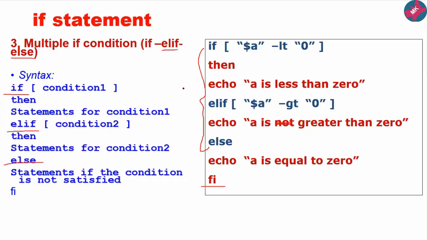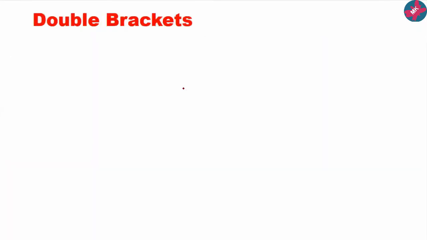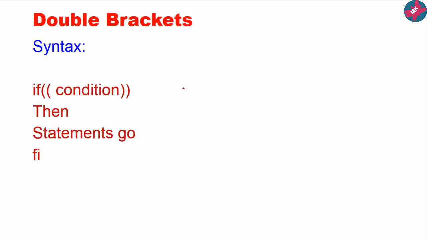Now let us try to understand the last one, how it can be implemented. Here not only can we use the square brackets, we can also use the double parenthesis. I have already shown you that on the slide of comparison, isn't it? I told you when you can use the greater than symbol and when you have to write GT.